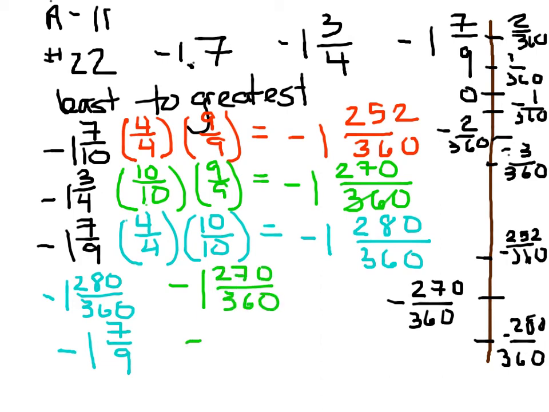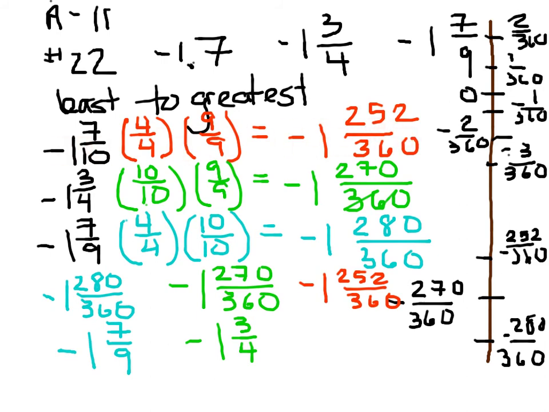And that's negative 1 and 3/4, because those are all equal to one another. And then finally, this is my biggest one. So that one is negative 1 and 252 over 360. And that we know is equal to negative 1 and 7/10.